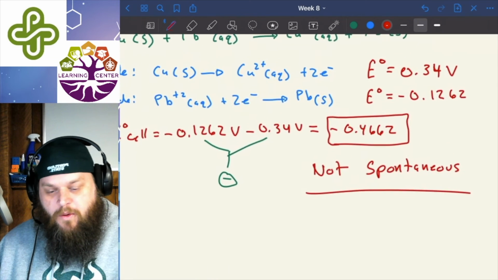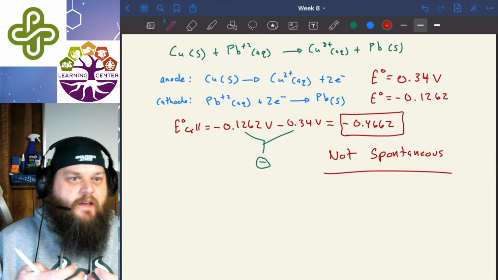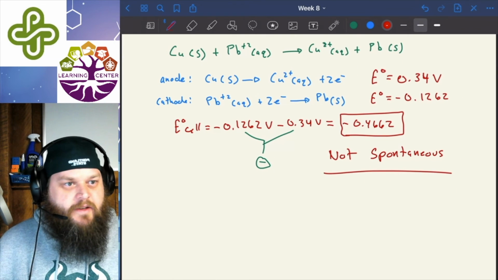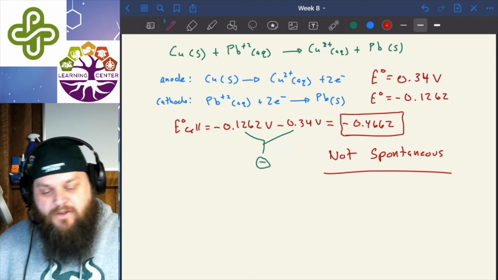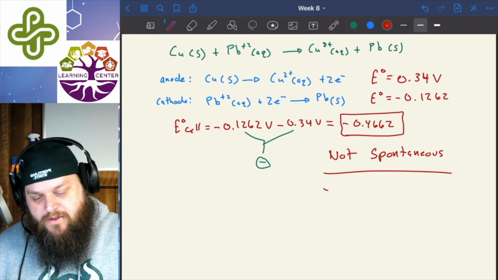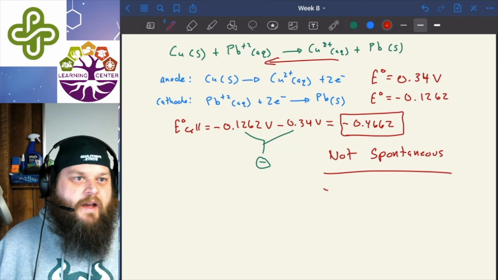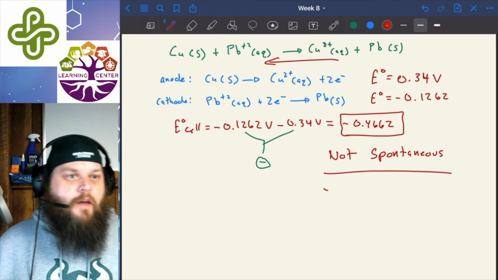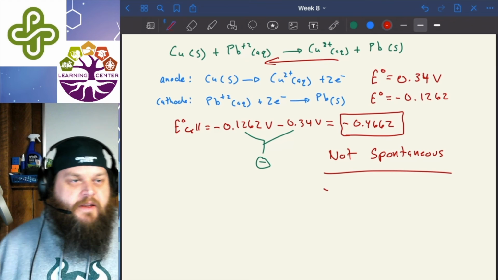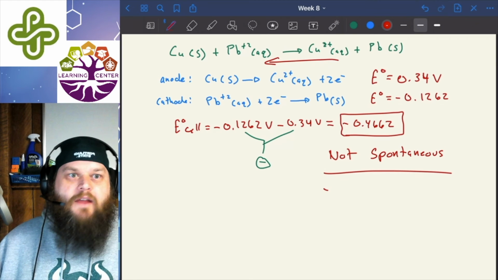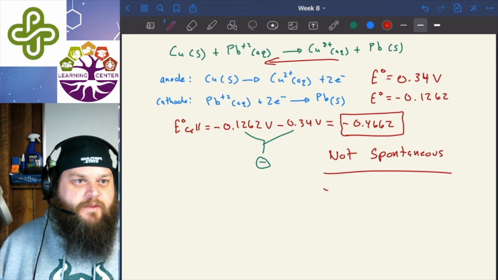So in fact, if we were to put this in a galvanic cell together and have that cell potential being negative, this will actually work in the opposite direction. So this reaction would go to the reactant side, producing more copper 2 plus from any more lead 2 plus from any copper 2 plus that we had.